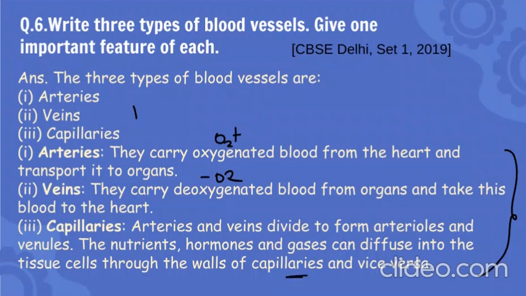Okay? So in capillaries the nutrients, hormones, gases all diffuse, and blood goes heart to organ, organ to heart, through the tissue cells.